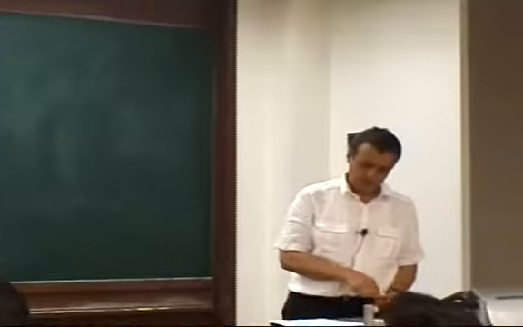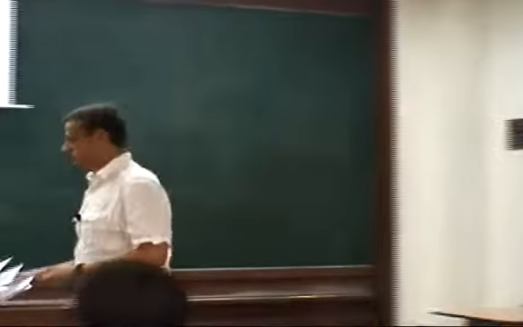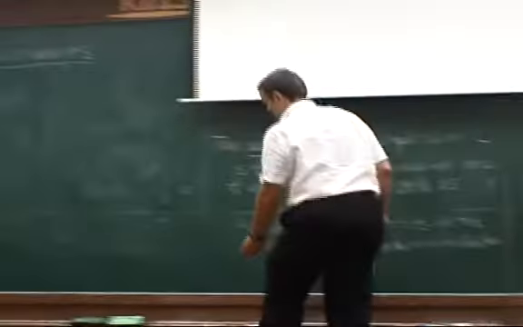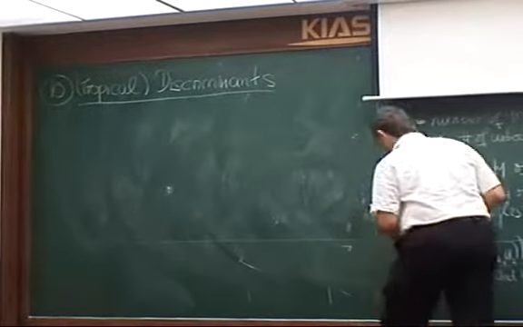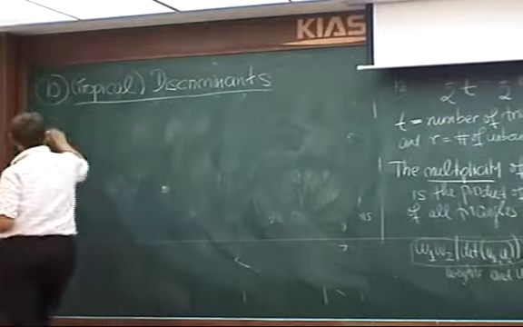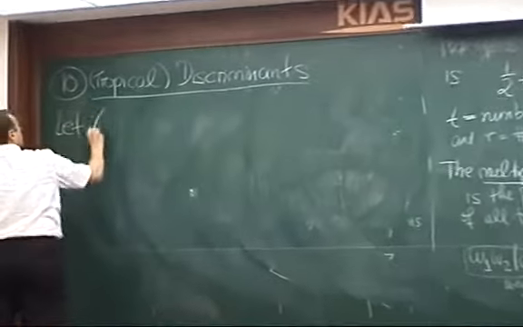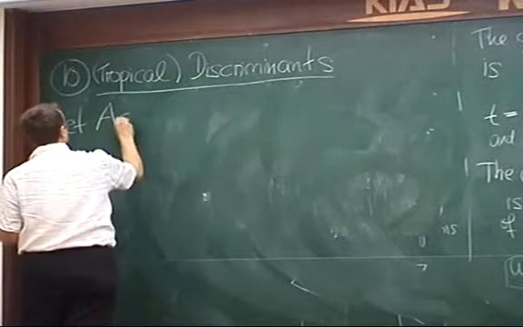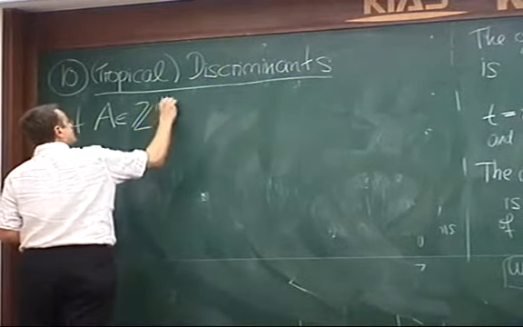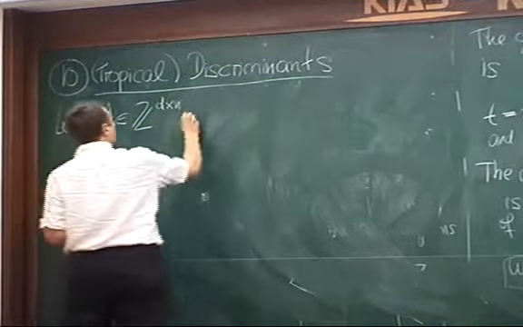and talk about discriminants. The way we're going to set this up is we're going to fix an integer matrix. So A is an integer d by n matrix.